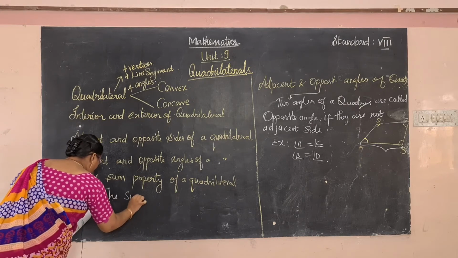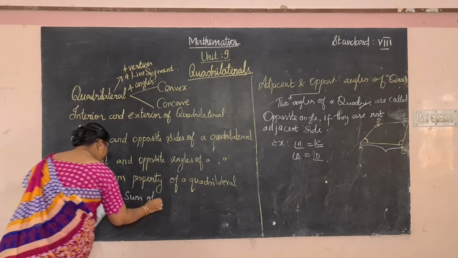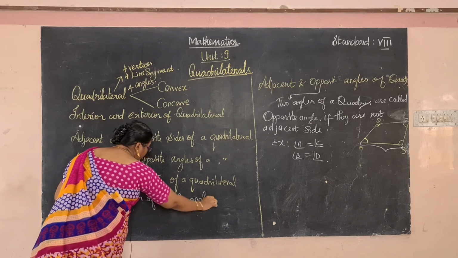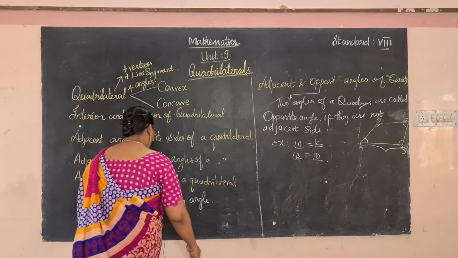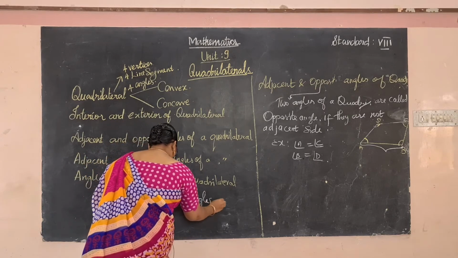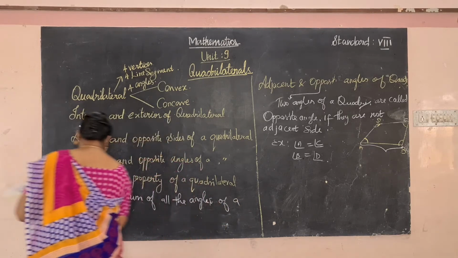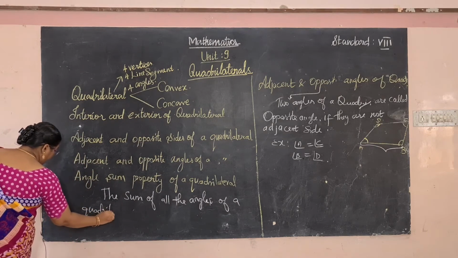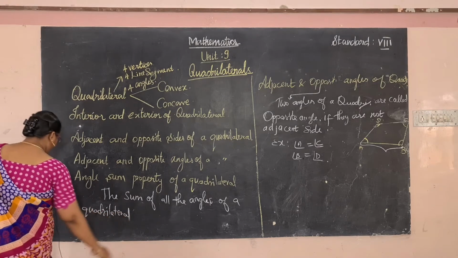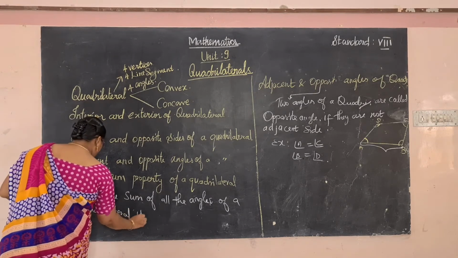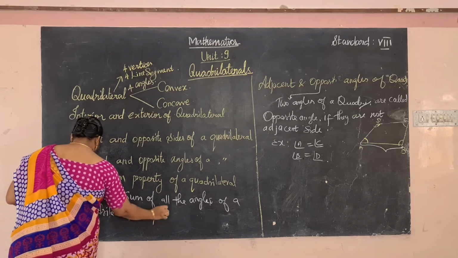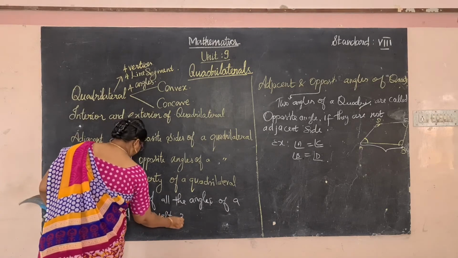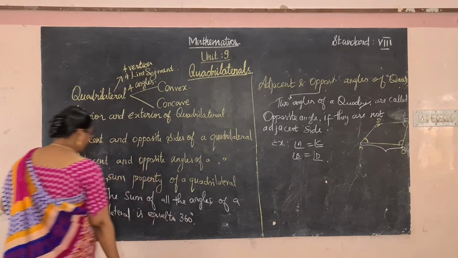The sum of all the angles, so all the angles means the 4 angles, the sum of all the angles of a quadrilateral is equal to 360 degrees.